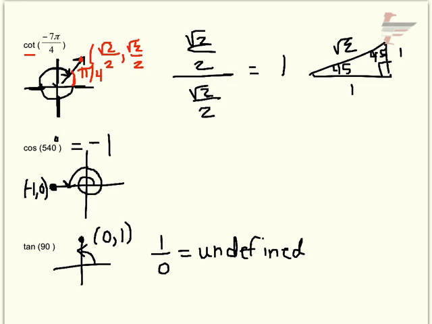Pick either 45, and go adjacent over opposite. So that'd be 1 over 1, and you'd get 1.